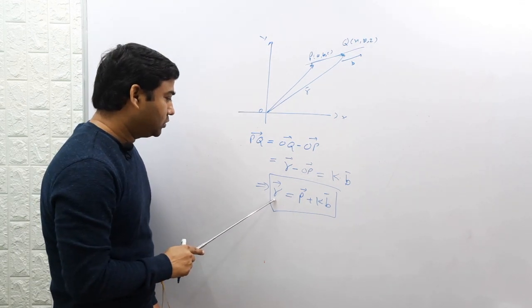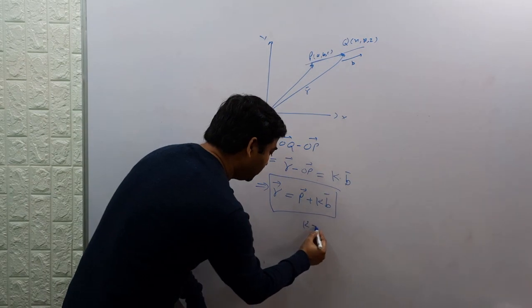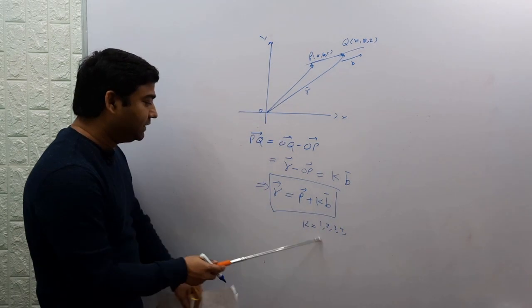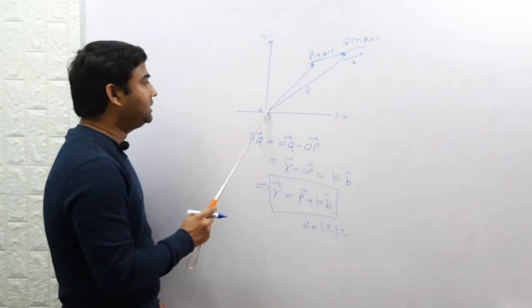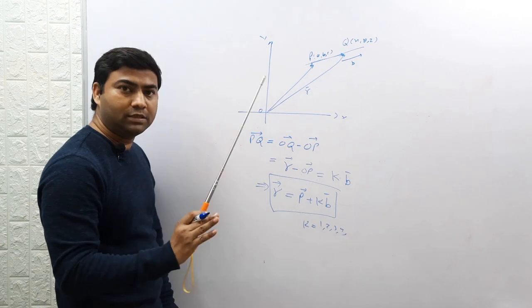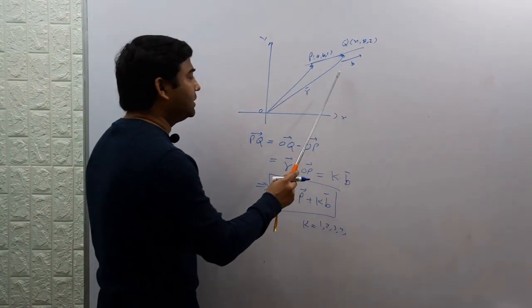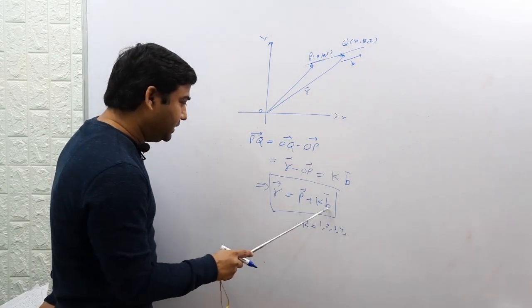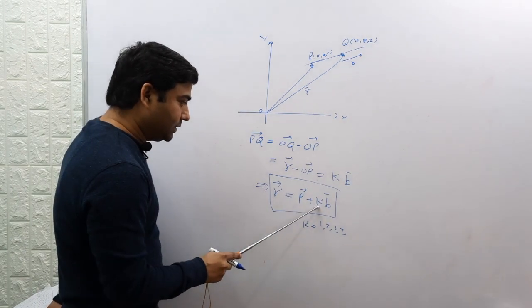For different values of K, you can put K equal to 1, 2, 3, 4, and you will find different values of R, because P and B are the same. P is the position vector of the point, which is fixed, and B is a vector parallel to this line, which is also fixed. B and P are fixed given vectors. K is a variable.